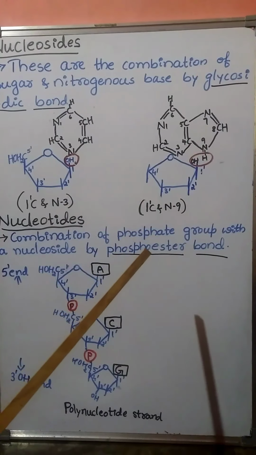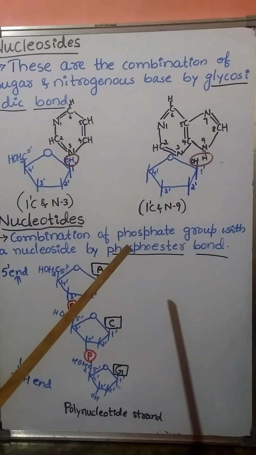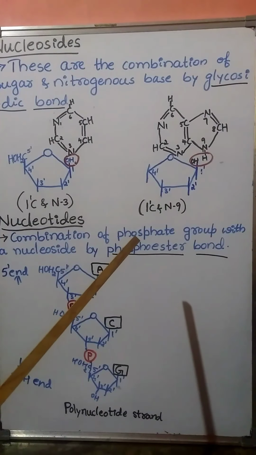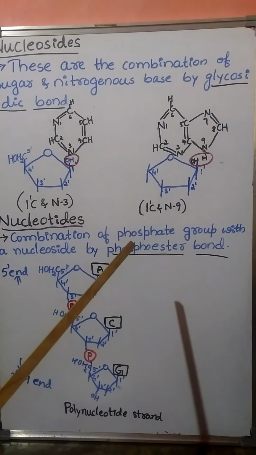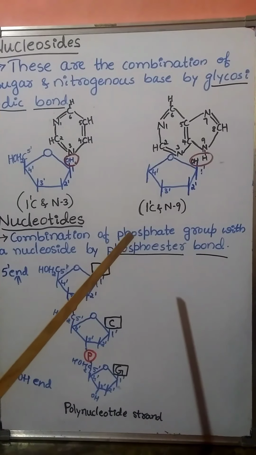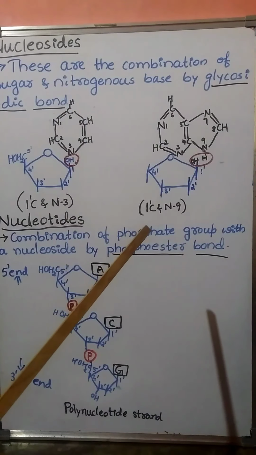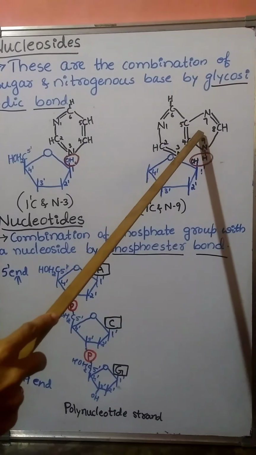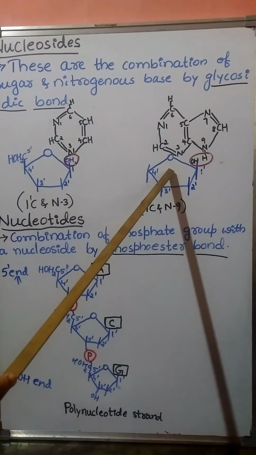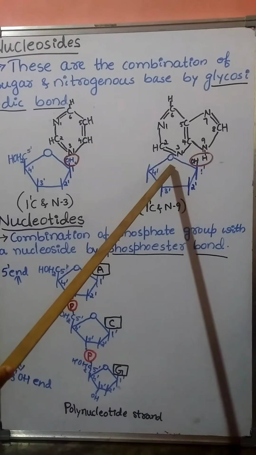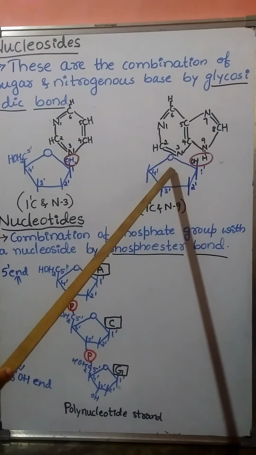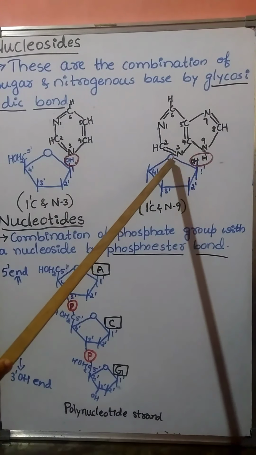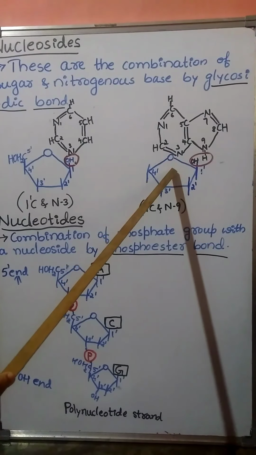Nucleosides of DNA are deoxyadenosine, deoxyguanosine, deoxycytidine and deoxythymidine. When adenine attaches to the deoxyribose sugar, that forms the nucleoside deoxyadenosine.